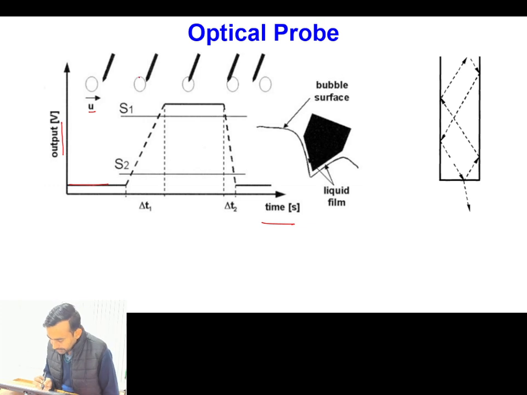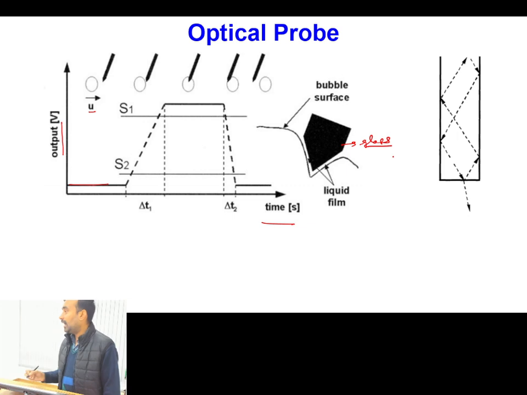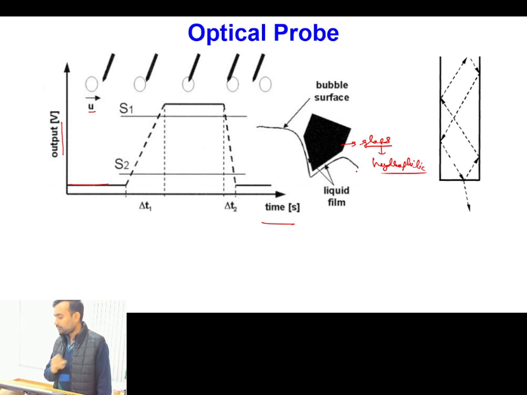Then, whenever the bubble comes close to the probe, we will find that there is no perfect contact of the bubble with the probe, because typically we are using a glass probe and glass is a hydrophilic material. So what will happen in a hydrophilic material? It will try to make most of the contact with the liquid portion only and try to repel the gas.